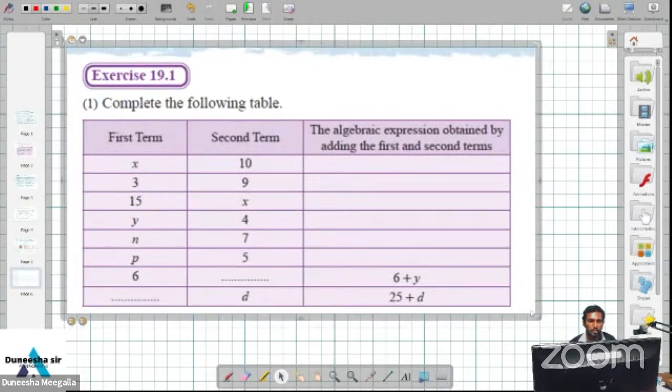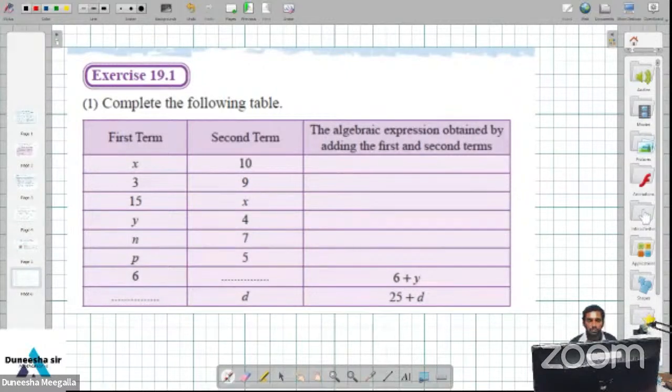Then 19.1, complete the following table. First term in the first column, second term in the second column, and in the third column, the algebraic expression obtained by adding the first and second terms.